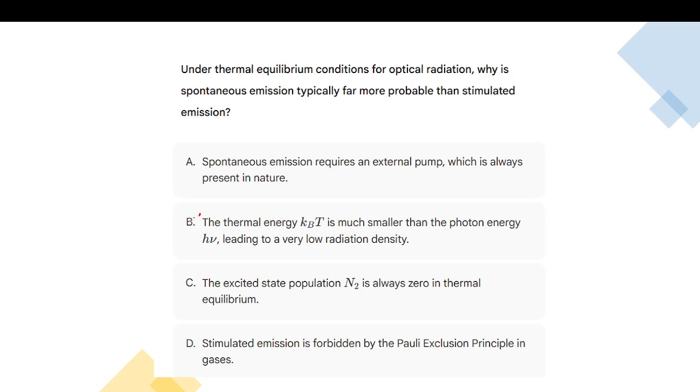The correct answer is this one, because the thermal energy, which is kBT, is too low compared to the photon energy, and that's why population inversion doesn't happen, and we are not getting any stimulated emission, where the spontaneous emission dominates. So option B is the correct answer here.